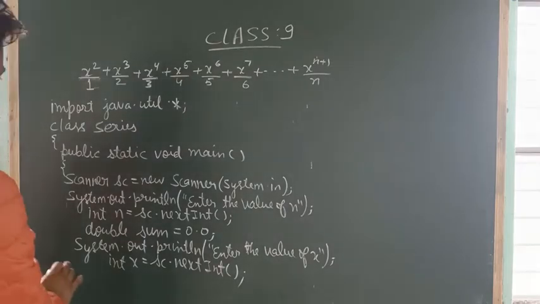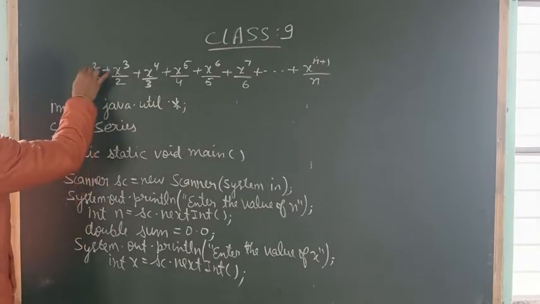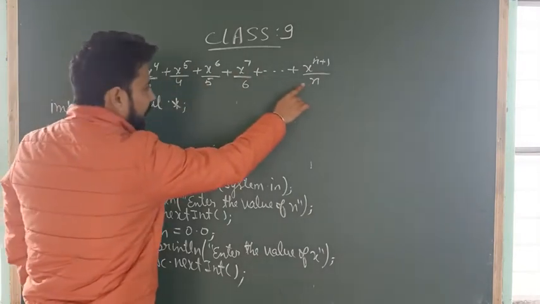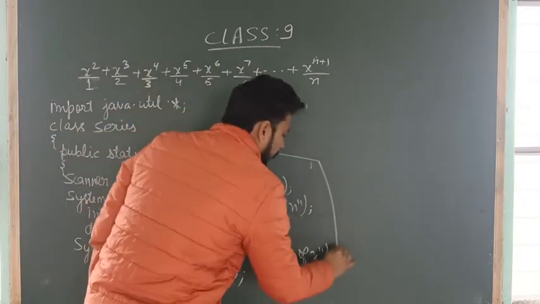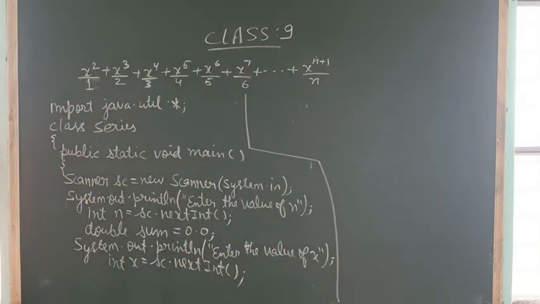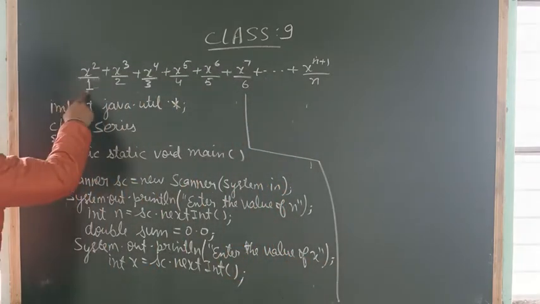Up to this point we have taken the variable x and the variable n, and we have initialized our variable sum equals 0.0, which is used to find the sum of this series. Now our next step is to take the loop. Your loop will start from the value 1.